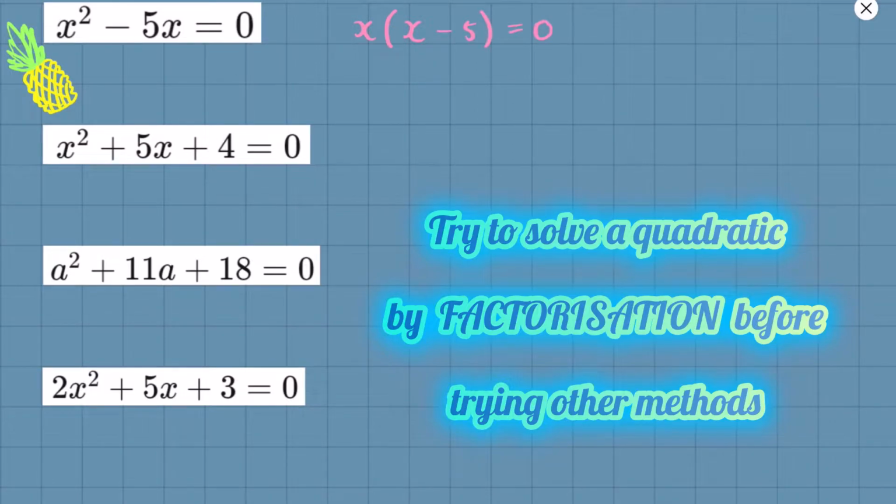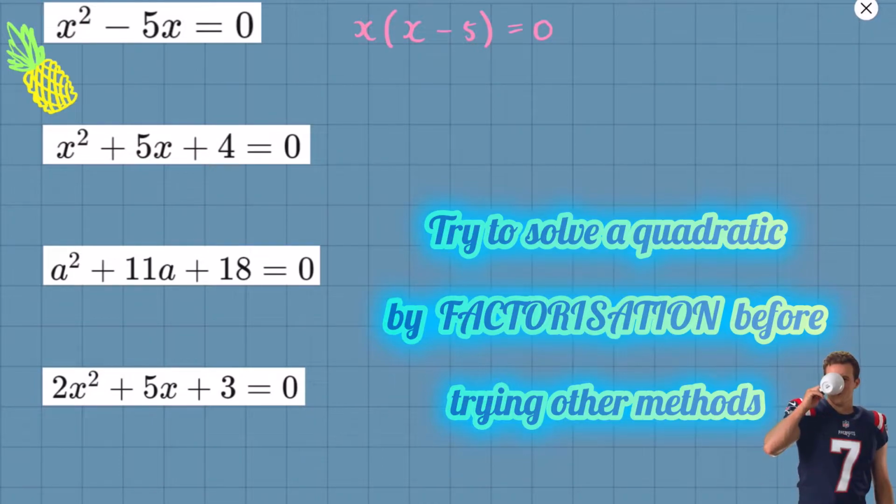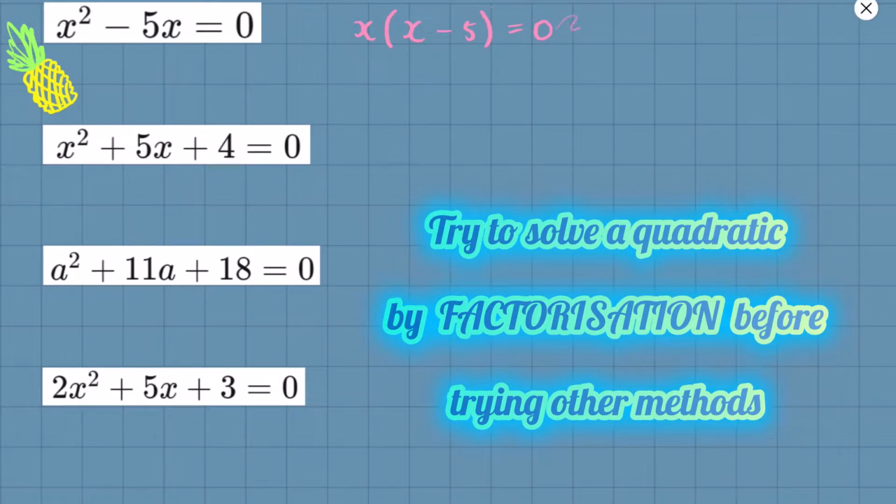What we're asking ourselves here is, well, 2 things multiplied together. That's the x here multiplied by this x minus 5 in brackets. And if either one of these were 0, then we would have a solution that we wanted, i.e. the whole thing equal to 0, the right-hand side. And so we can write that as 2 separate equations.